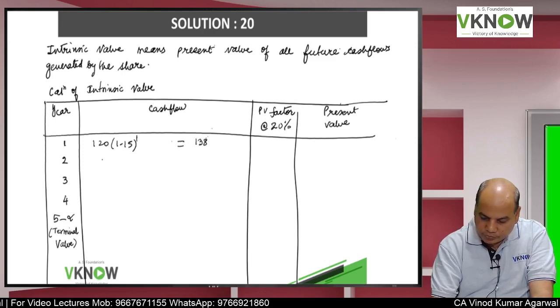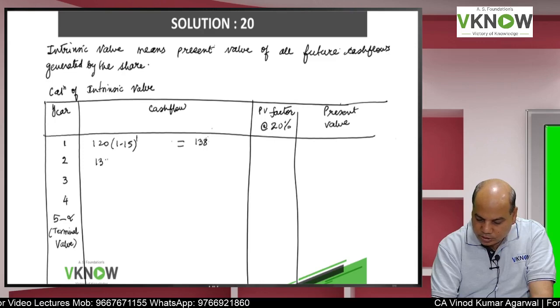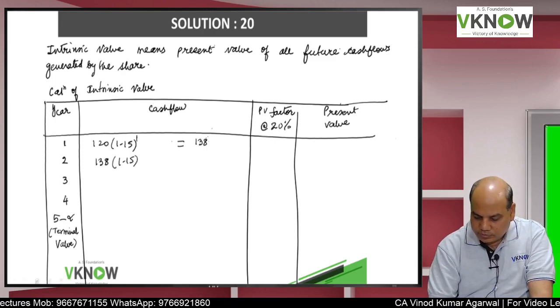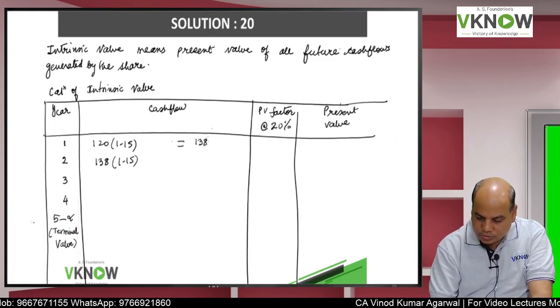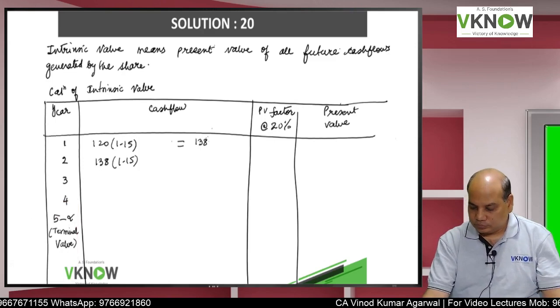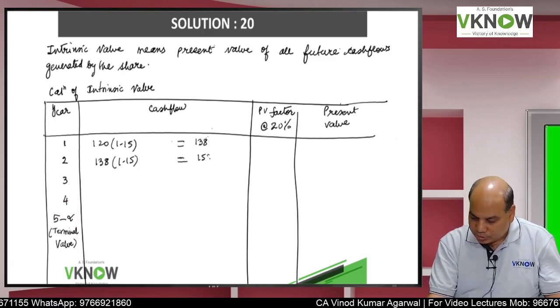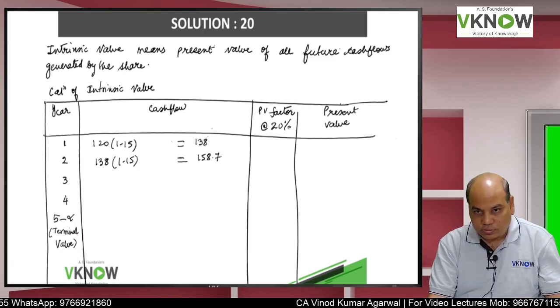Then your 138 will be multiplied by 1.15, as that will grow at the rate of 15%. So, students, please reply: 158.70.